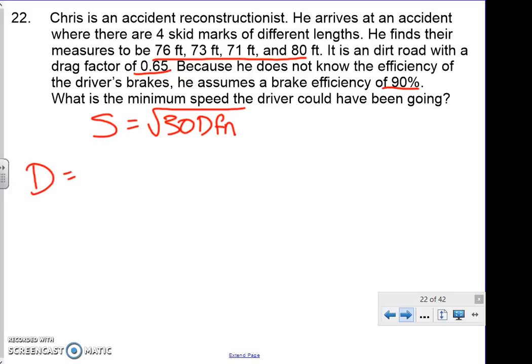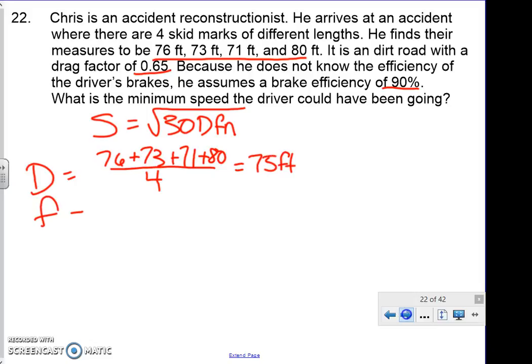So this one is a tiny bit different than the first one because for the skid distance, we have to add all 4 of them together and divide by 4 to get the average skid distance. And when we do that, we end up with an average skid distance of 75 feet.